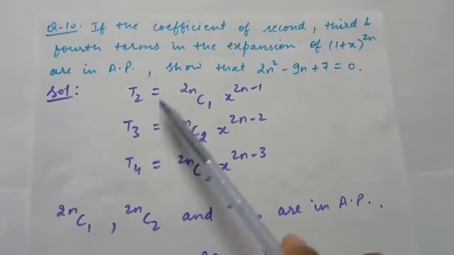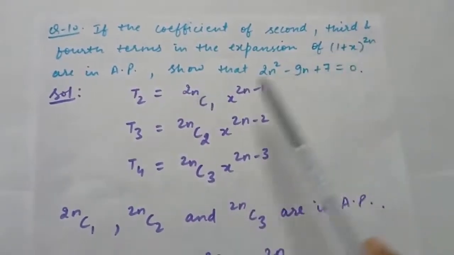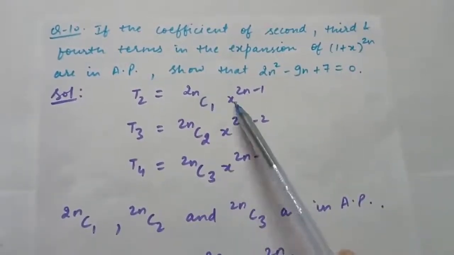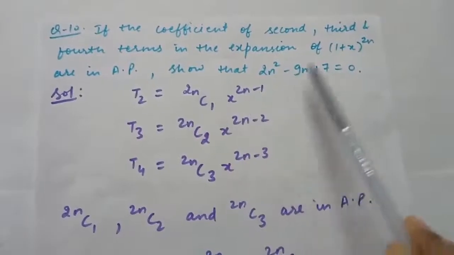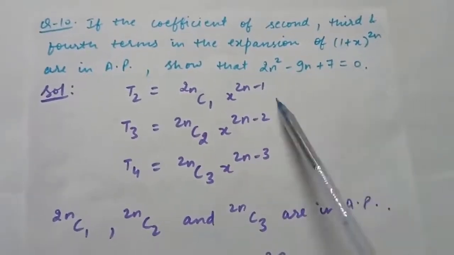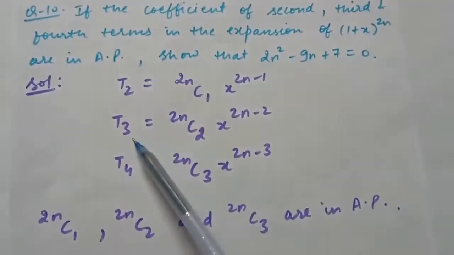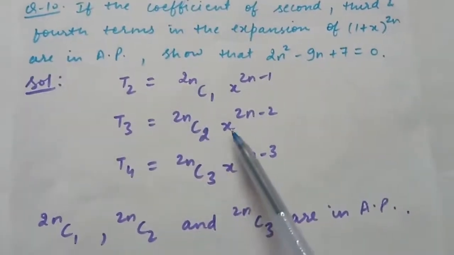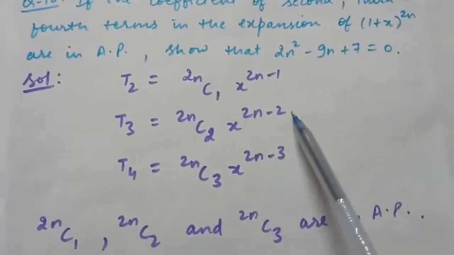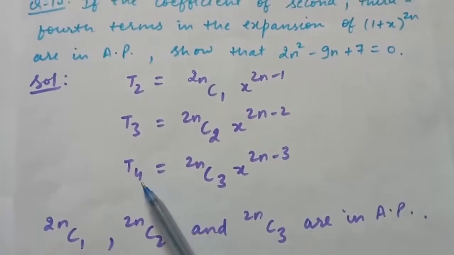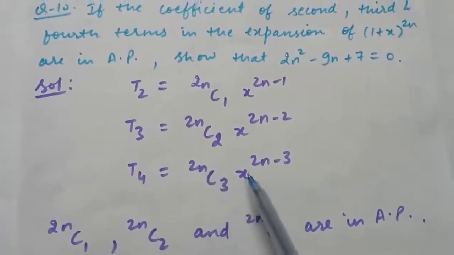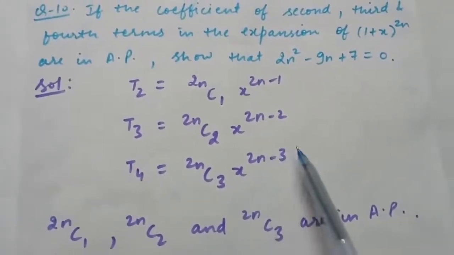So second term will be 2nC1 x raised to the power 2n minus 1. 1 raised to the power is 1, so we are not writing that. Third term will be 2nC2 x raised to the power 2n minus 2. And fourth term will be 2nC3 x raised to the power 2n minus 3.